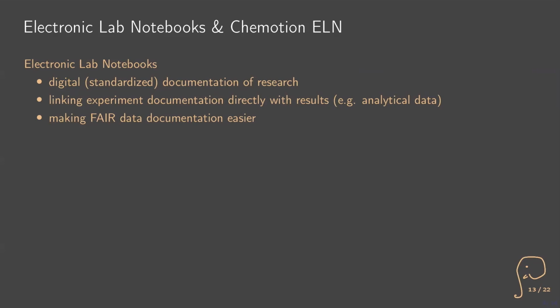So the linking is very important. And then ELNs actually enable you to make FAIR data documentation easier. This is what would be the best, and most researchers don't see at the beginning, at least, that a good electronic lab notebook for your research can make your life much easier, especially when we're talking later about data publication.